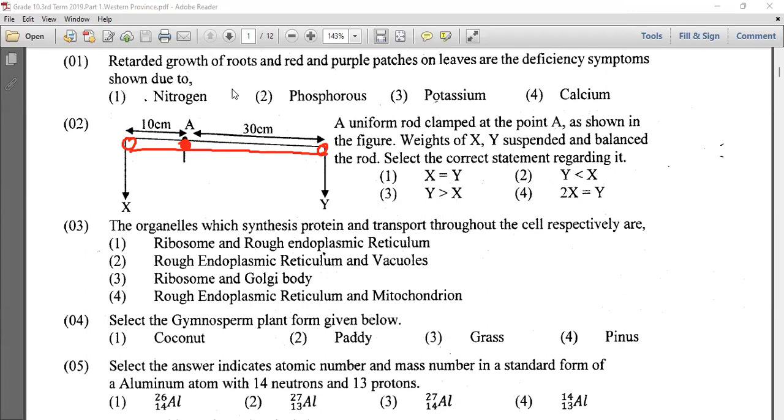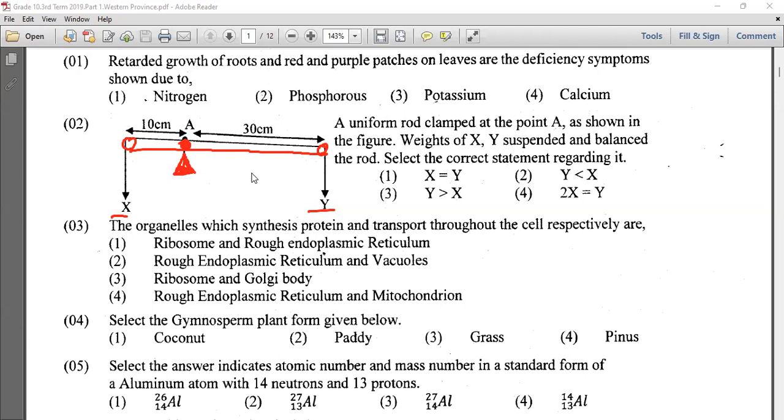Weights x and y. This is x and this is y. There are two weights, those are forces which are acting vertically downwards, suspended to balance the rod. Select the correct statement. So when you place the rod on something like this, the object will be at the balance situation, right?